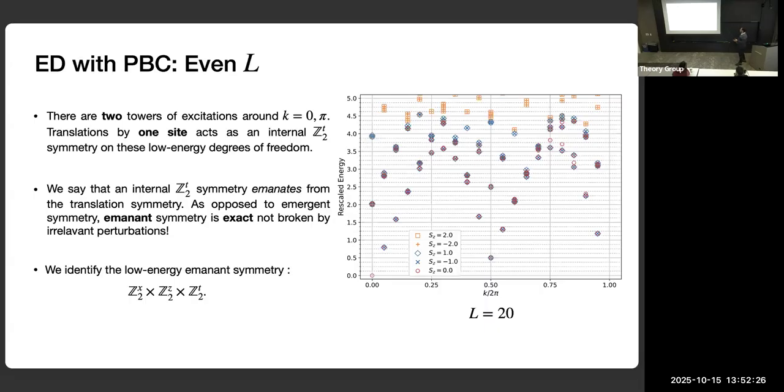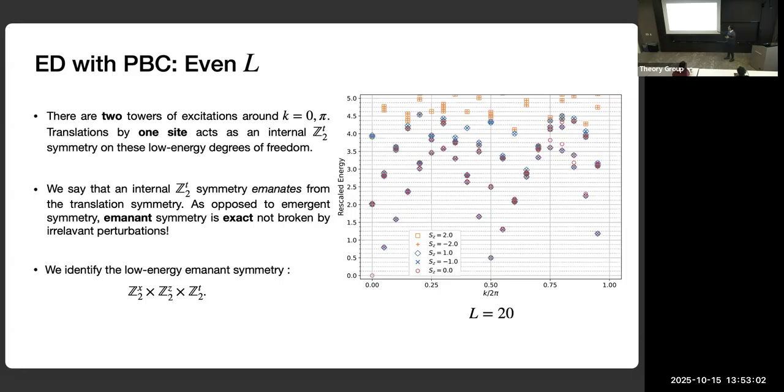Now, this is just the ED data with 20 sites and up to some energy cut of 5. Now we notice that there are two towers of excitations, two cones of excitations, one localized at 0, the other one localized around pi. And somehow this suggests that maybe the translation is acting like an internal Z2 symmetry on the low energy degrees of freedom, because I have two cones and one cone realizes e to the ik equals 1, the other one realizes e to the ik equals minus 1, sort of.